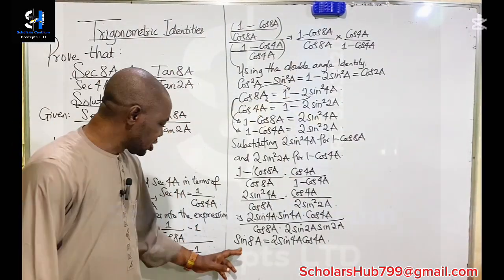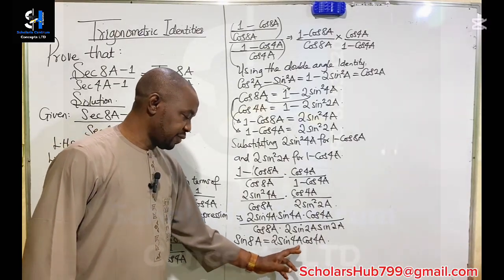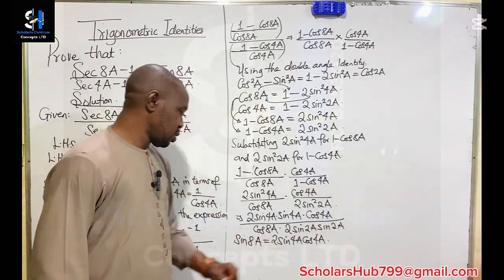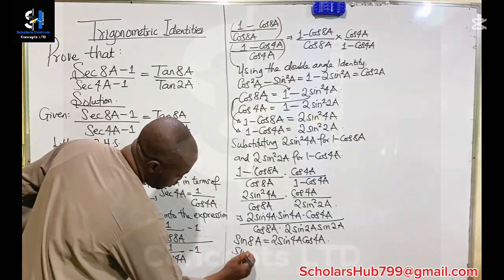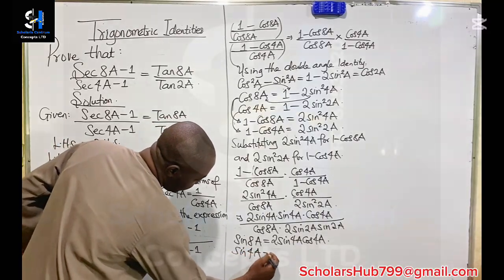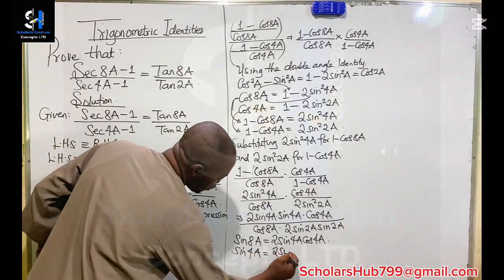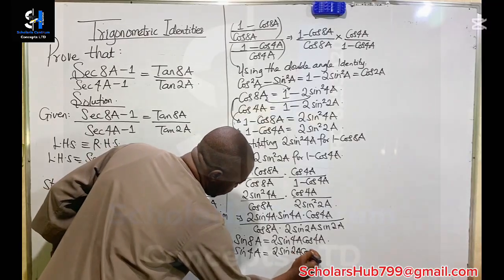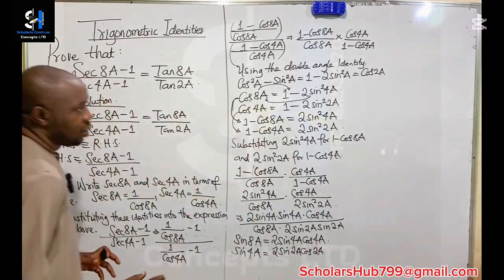So we have sine 8a equals 2 sine 4a cos 4a. Also, let's write that for sine 4a. That will be 2 sine 2a cos 2a. That's how it is.